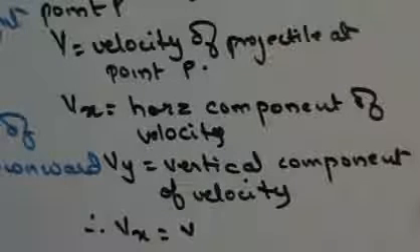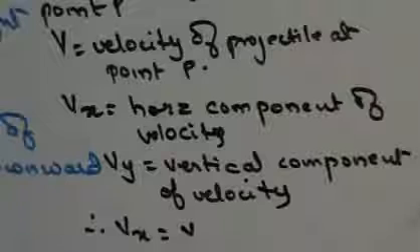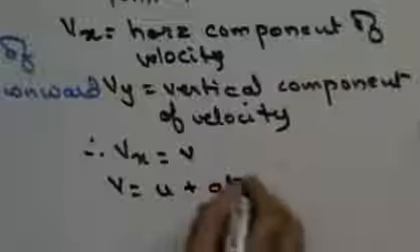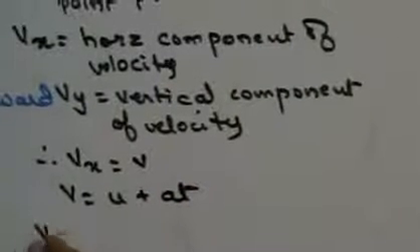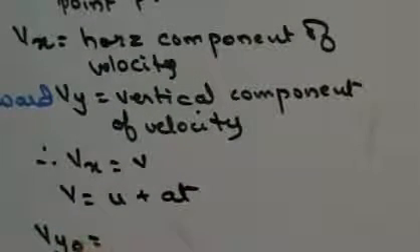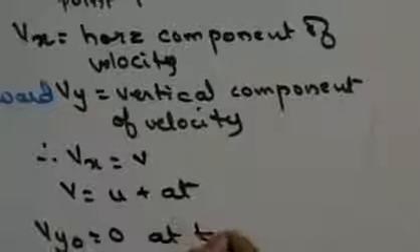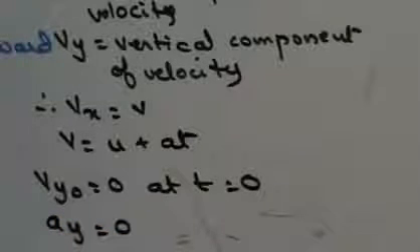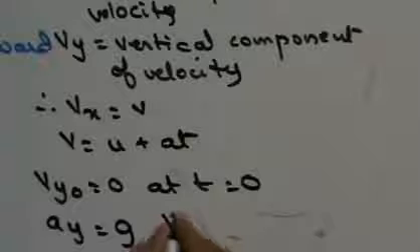Now, for vertical motion, I can use my kinematical equation v is equal to u plus at, where Vy0, the initial velocity along the y-axis, is 0 at time t is equal to 0. I can also say that acceleration along the y-axis is g, and velocity along the y-axis at time t will be Vyt.